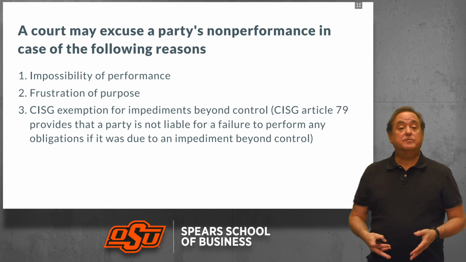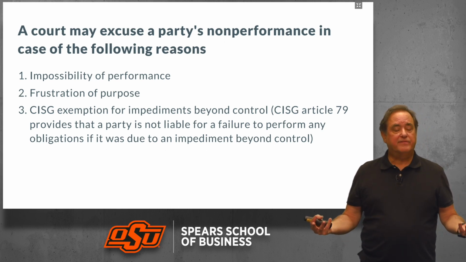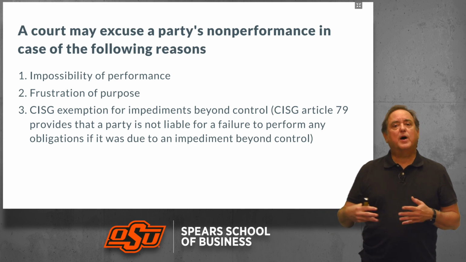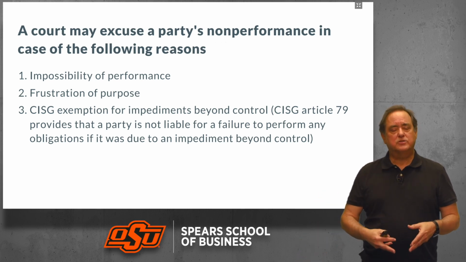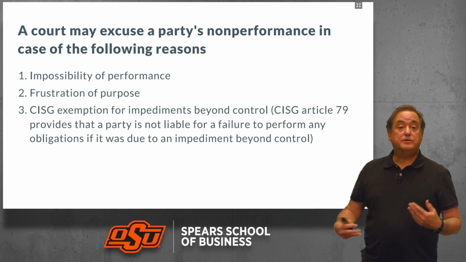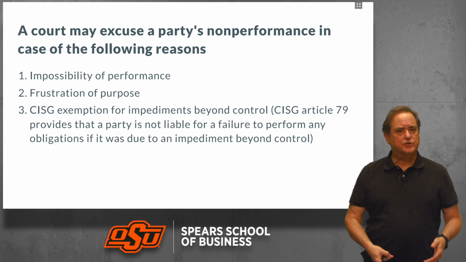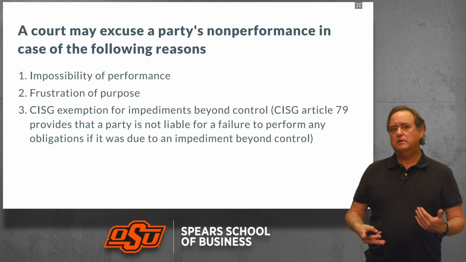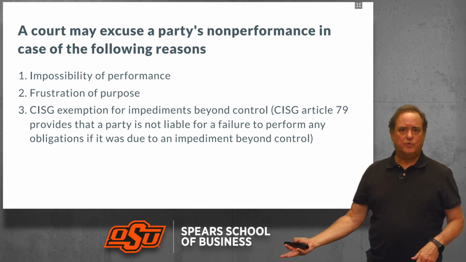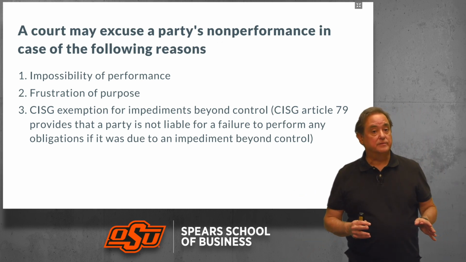For instance, if the subject matter of the contract, the goods, were destroyed in a fire, it is impossible to comply because the goods were destroyed. Yes, I was supposed to provide you the goods on December 15th. I did not do so because the goods were destroyed on December 14th. It was impossible to perform. A court can excuse that situation.